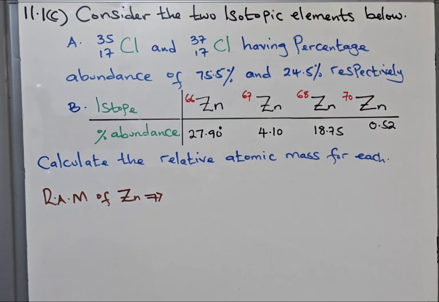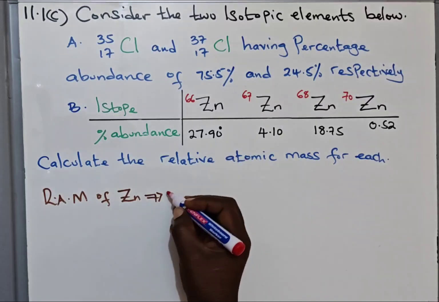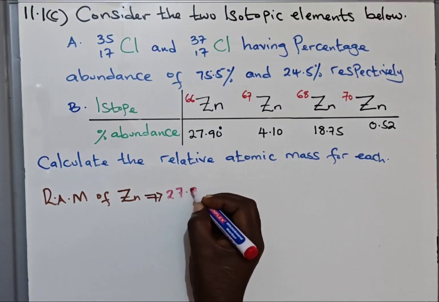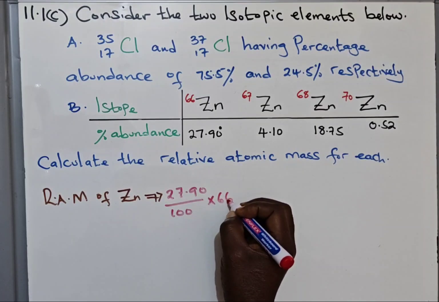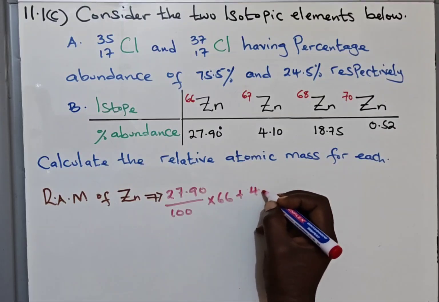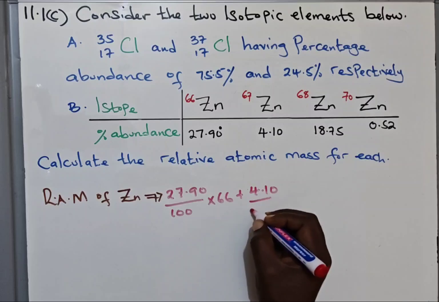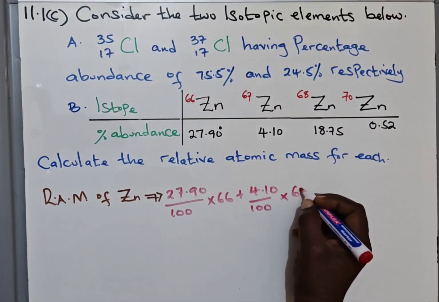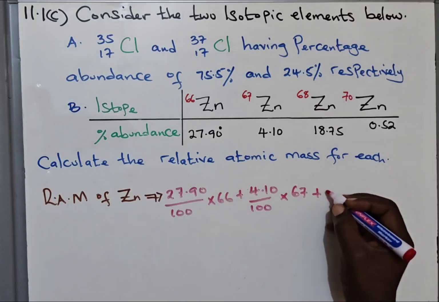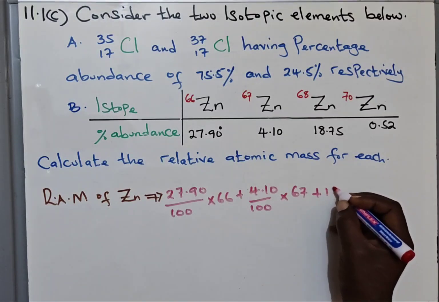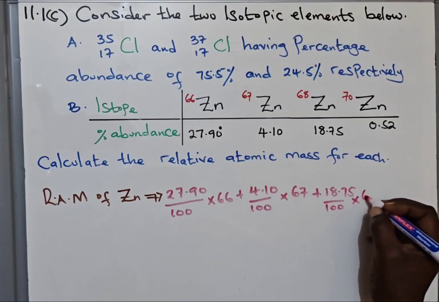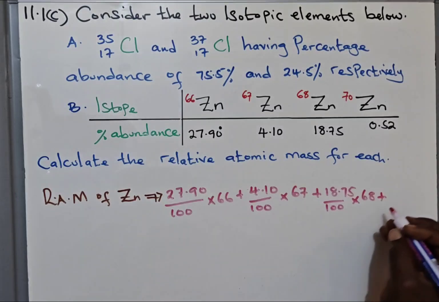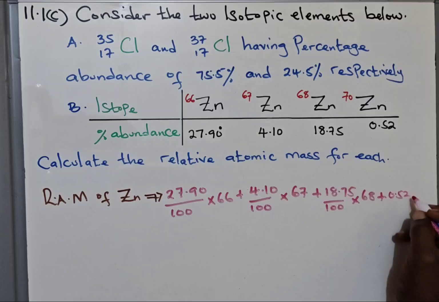The same way, these are percentages. So it's 27.90 over 100 times 66, plus 4.10 over 100 times 67, plus 18.75 over 100 times 68, plus 0.52 over 100 times 70.